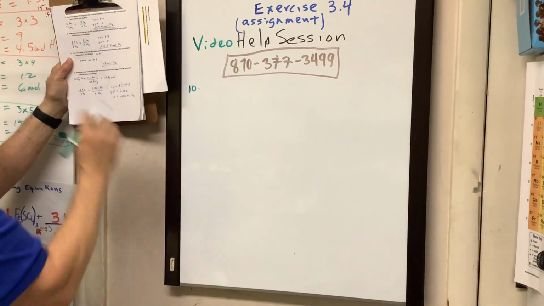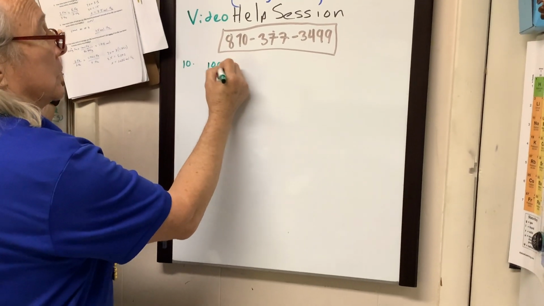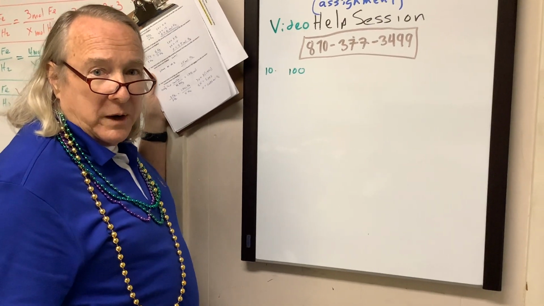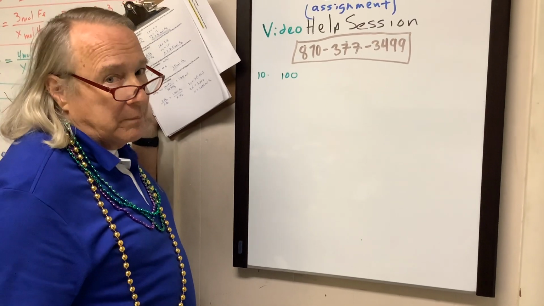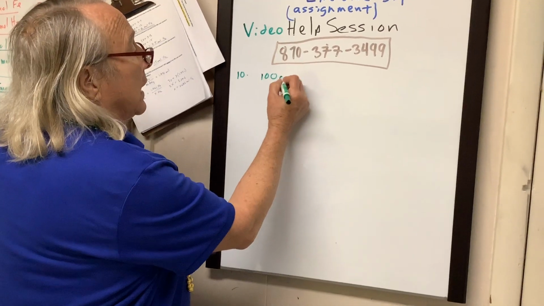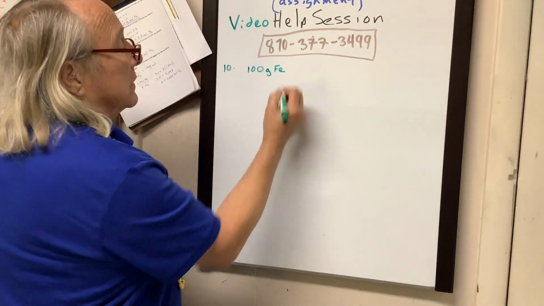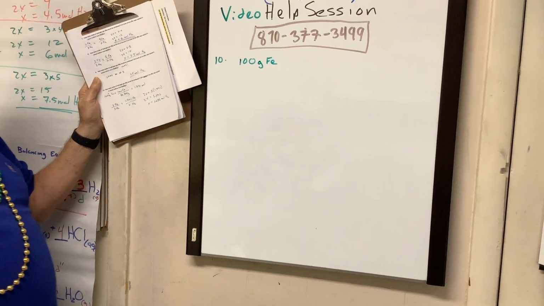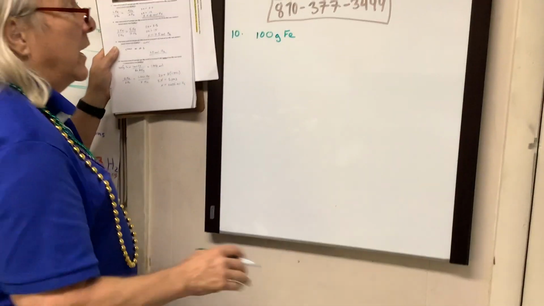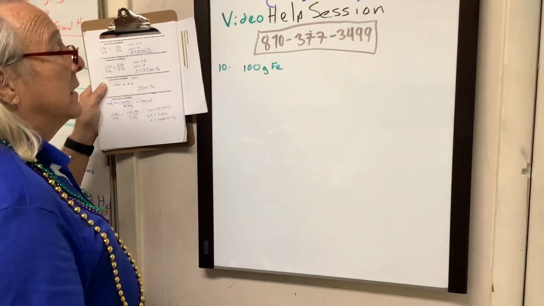I'm not going to tell you how many moles I'm starting with, because when I go out and dig up some iron or recycle some iron or buy some iron, I don't buy moles. I buy a certain mass of it. And let's say I have 100 grams of iron. Okay? This would not be the way to produce hydrogen gas, but if this were. And the question is, how much hydrogen gas will I make?